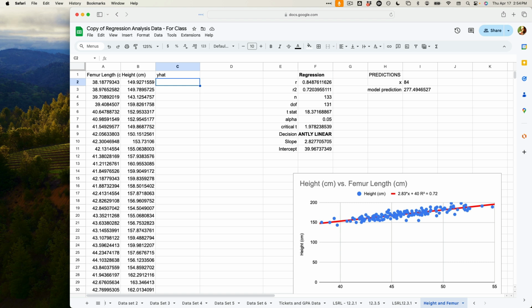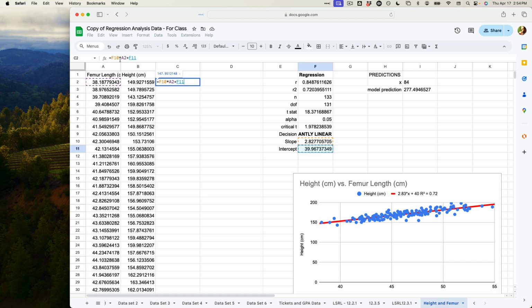Y hat is applying the regression line on the X data. We're going to do slope times the X data, the femur length, plus the intercept.